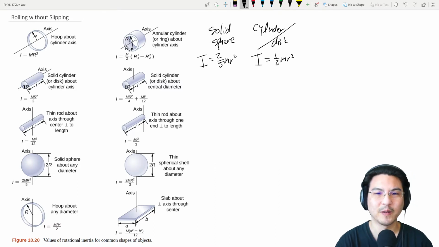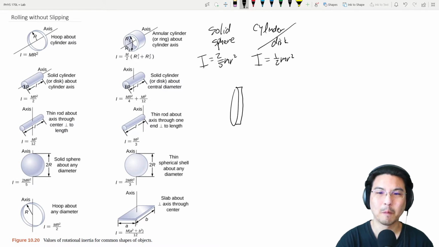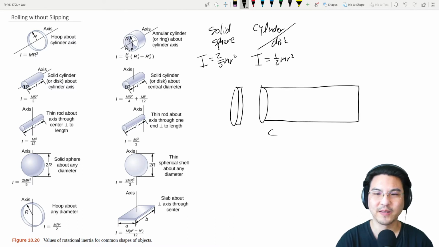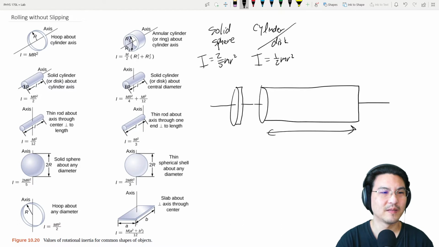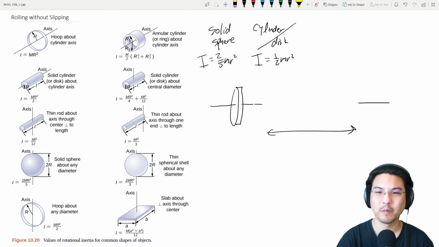Notice that you can have a disk like this or a cylinder with the same mass and radius. The length doesn't matter. When you're rotating about this central axis, the length of the cylinder doesn't make a difference.